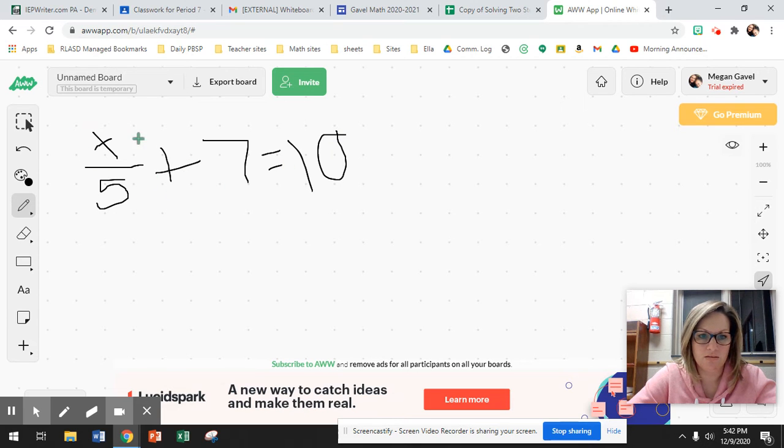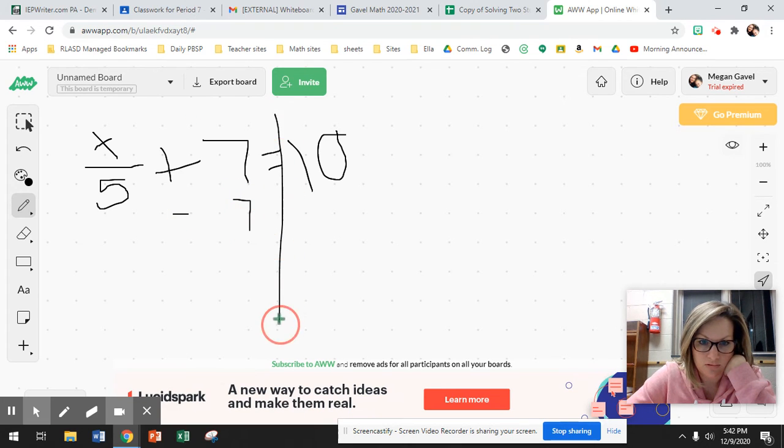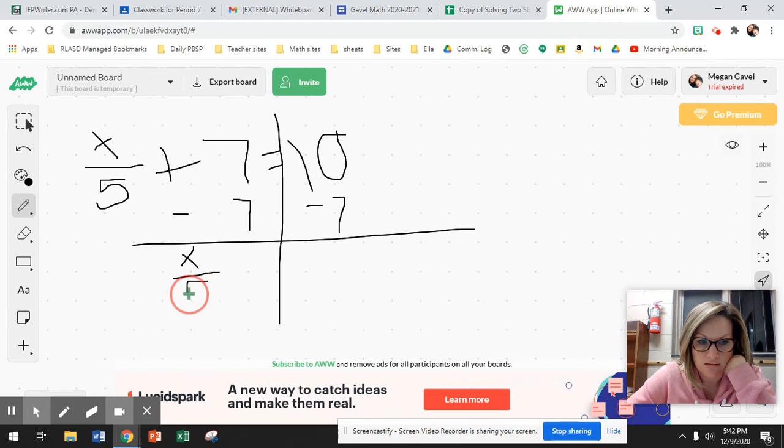So with this, remember the number that's with the letter, we can't do anything. So we need to get rid of 7, on both sides, because the opposite of addition is subtraction. That's going to tell us that x divided by 5 equals 3.